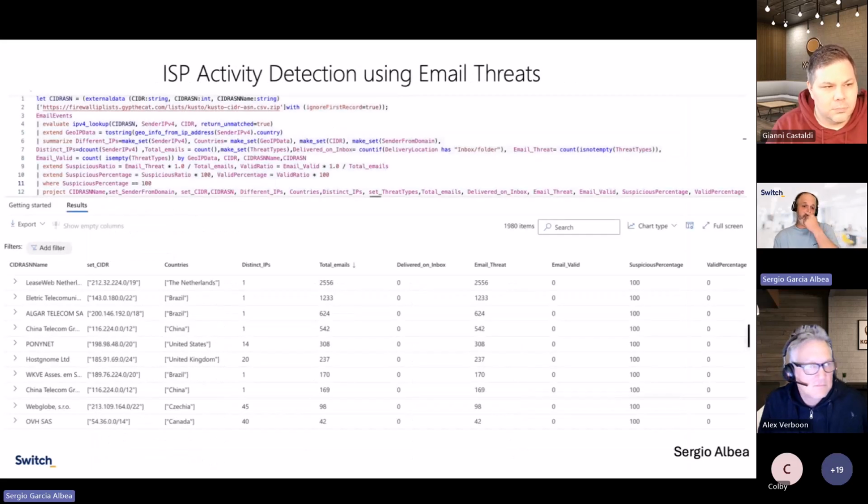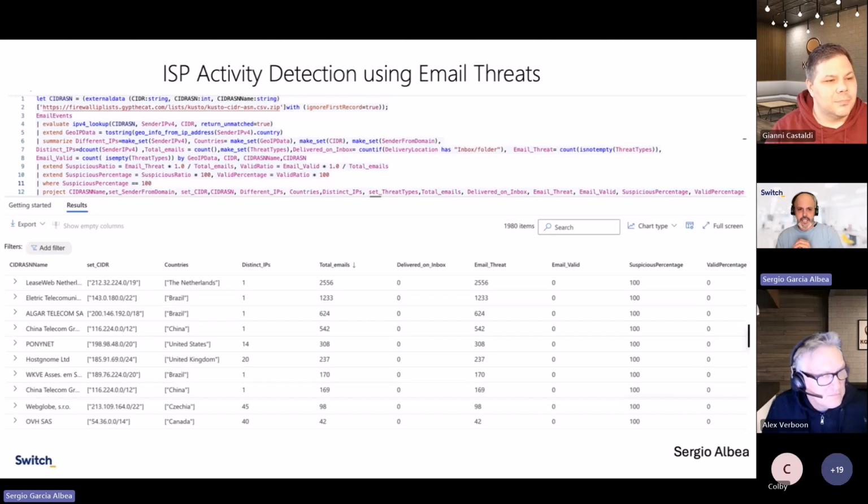The same with email threats. In this case, I'm using this external source to then match the IPs that are sending me the emails with the corresponding autonomous system numbers.